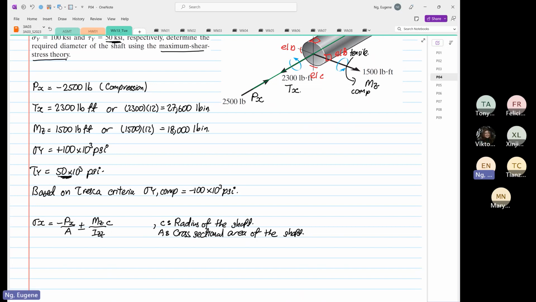And then the other equation that we need to use in terms of shear is equal to Px over J multiplied by C. And again, C is the radius of the shaft. So J is equal to 2Izz. Okay, in case you don't know this, I will provide the formula. Now we know the formulas that we're going to use.